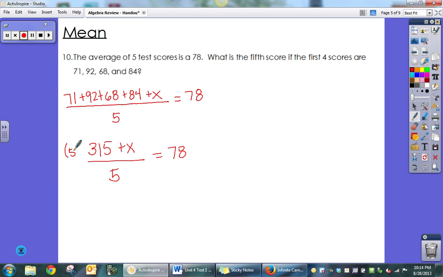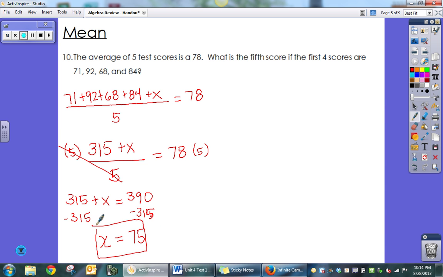And then I can multiply both sides by 5 to get rid of my fraction. So I've got 315 plus x equals 390. And then subtract 315 from both sides, you get x equals 75. So that means he must have gotten a 75 on the last test.